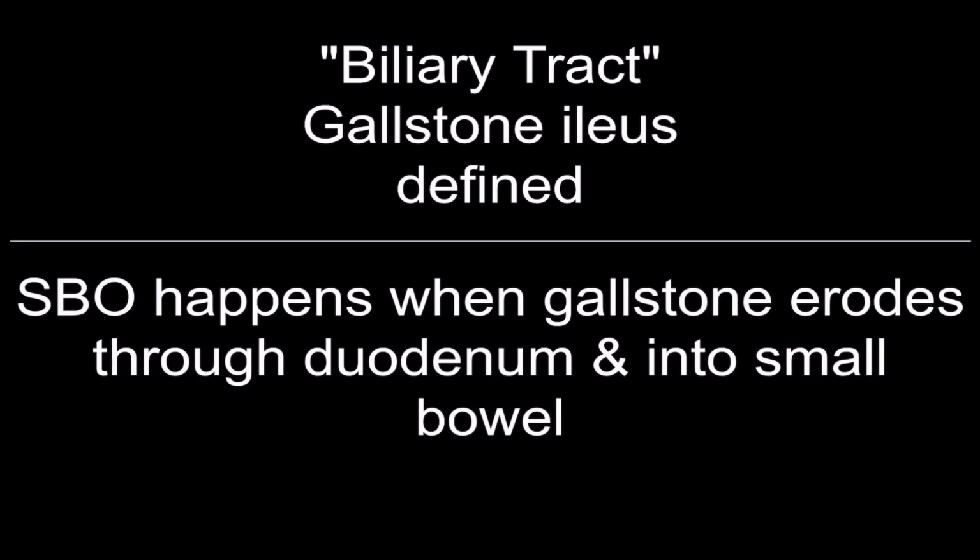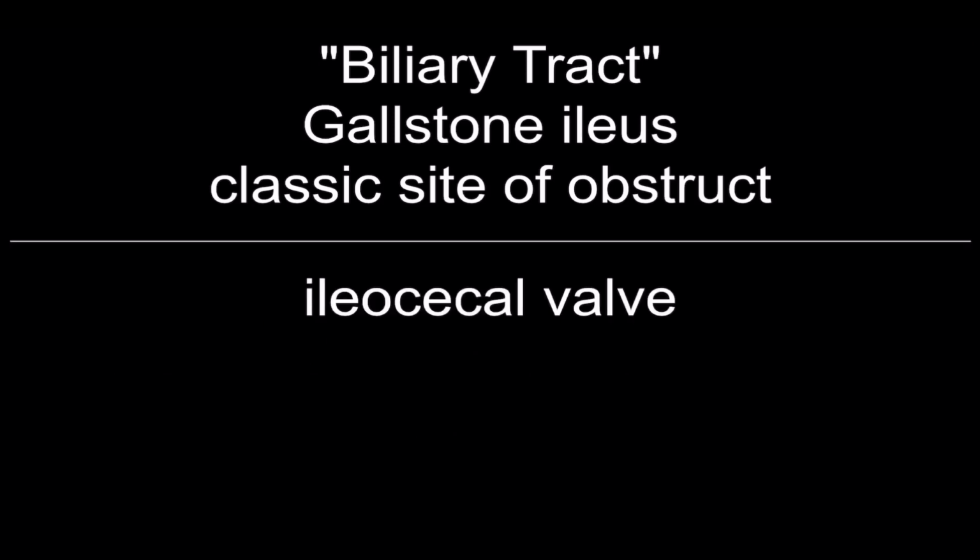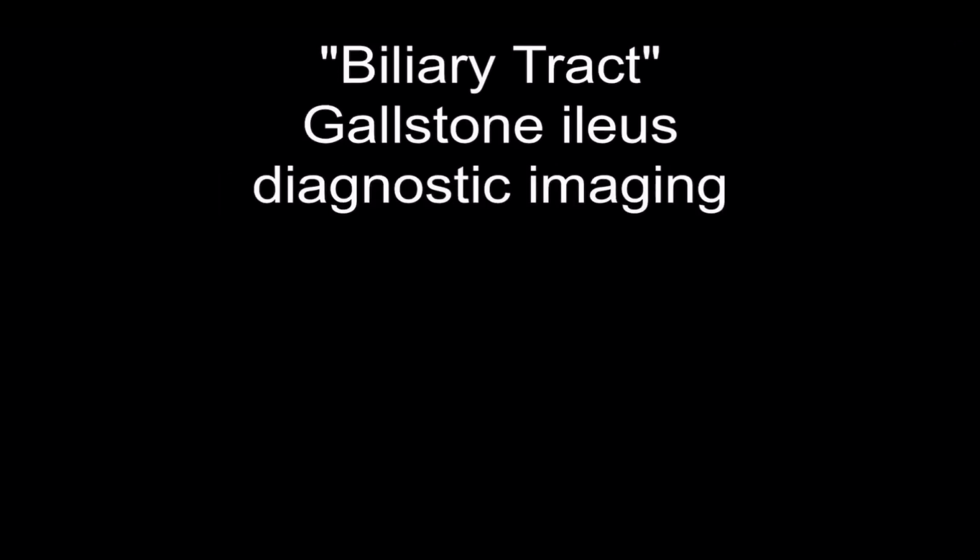Gallstone ileus is defined as small bowel obstruction happening when gallstone erodes through the duodenum and into the bowel. Gallstone ileus, classic site of obstruction. Ileocecal valve. Gallstone ileus, diagnostic imaging. What do you see? Or what do you do?